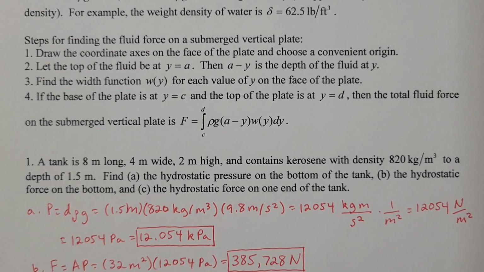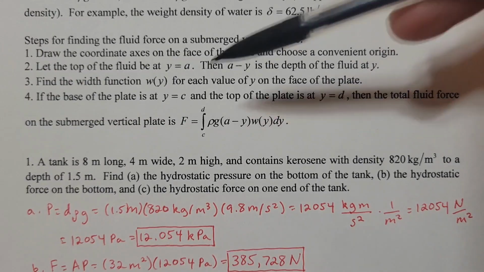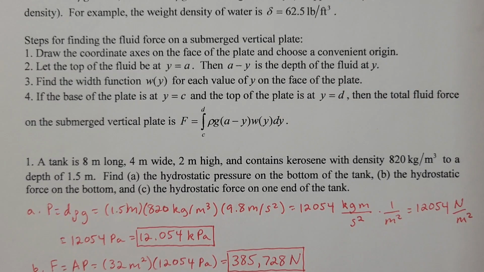Let the top of the fluid be at y equals a. Then a minus y is the depth of the fluid at y. You're going to have to find the width function, w of y, for each value of y on the face of the plate.